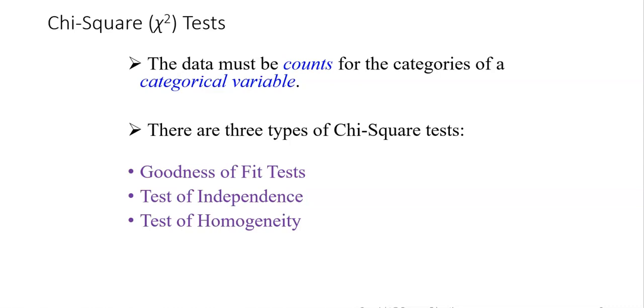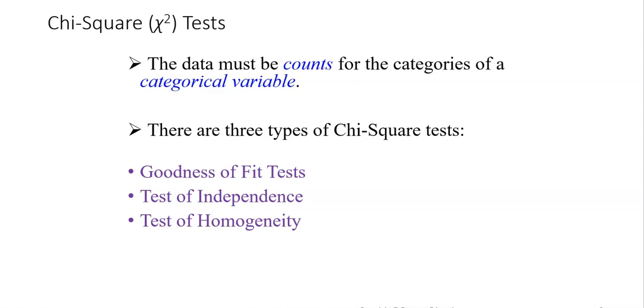Chi-square tests are used with categorical variables. In particular, we have a sample data set, and in this sample data set, we have observations representing different categories of a categorical variable.